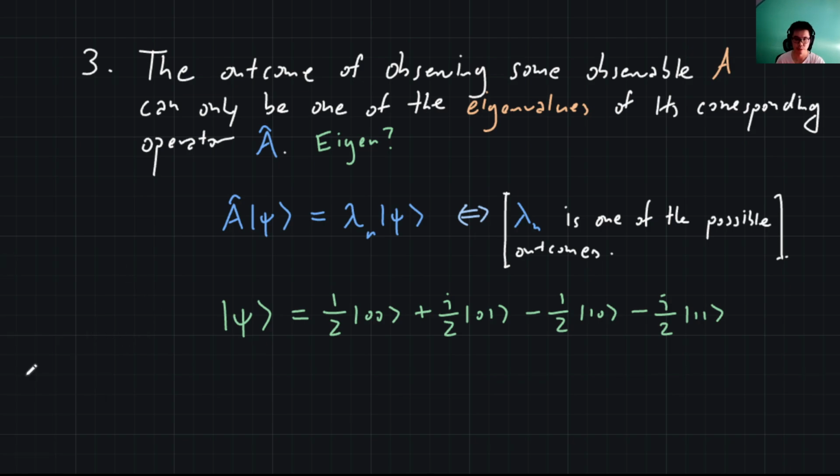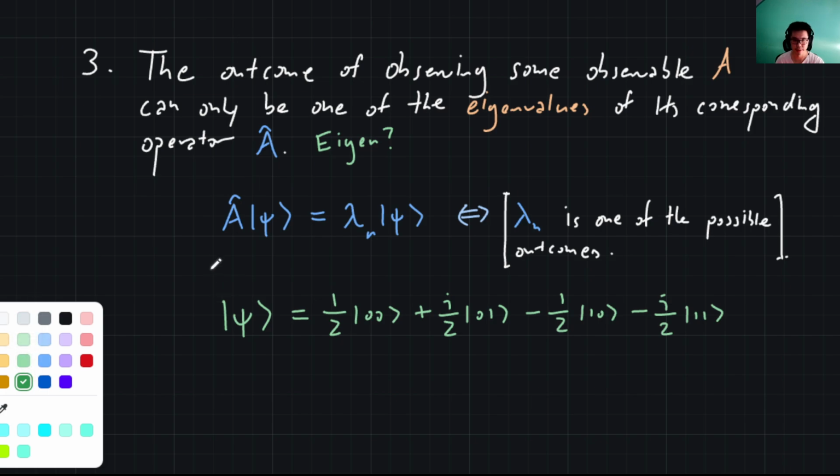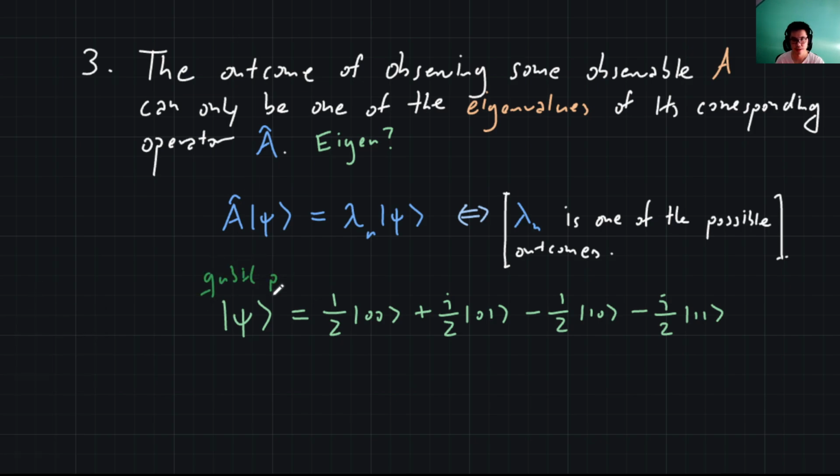But then you want to measure the qubit pair. So the qubit pair is in the state psi. The only outcomes you can actually see when you're doing one shot have to be a 4-element set, namely 0 0, 0 1, 1 0, 1 1.